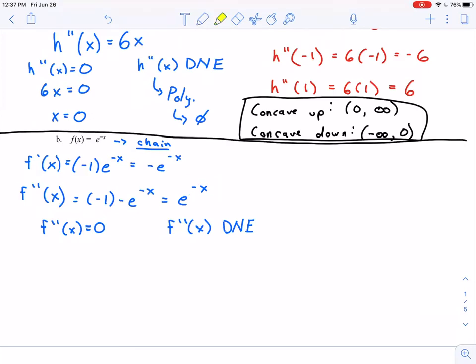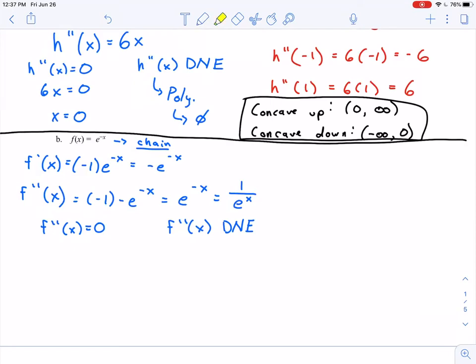We don't have as much experience working with them algebraically, and so I think it's really easy to make a mistake. So before I start to work with this, I'm going to rewrite it as 1 over e to the positive x power and just make that exponent positive. I think that's a lot easier for us to work with.